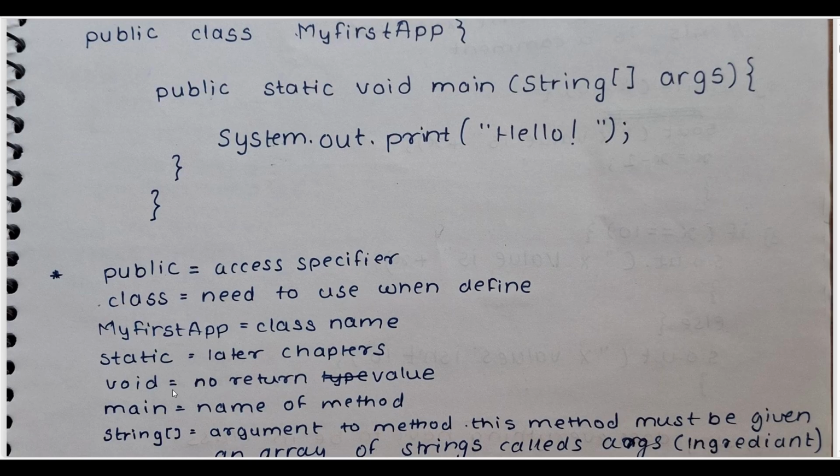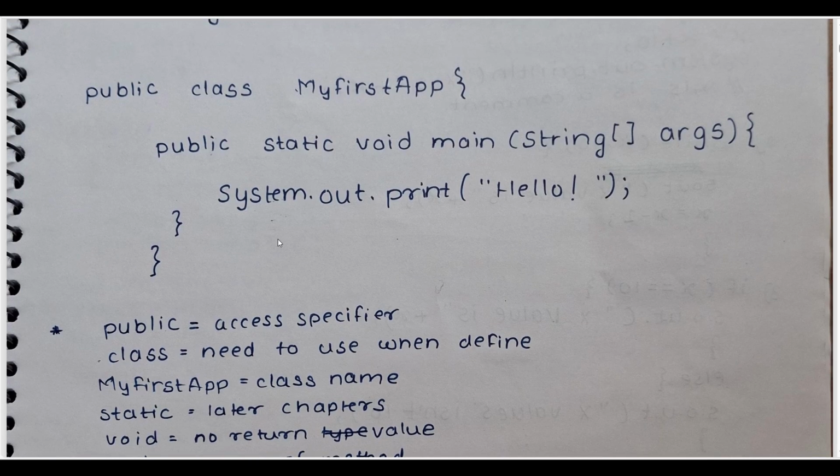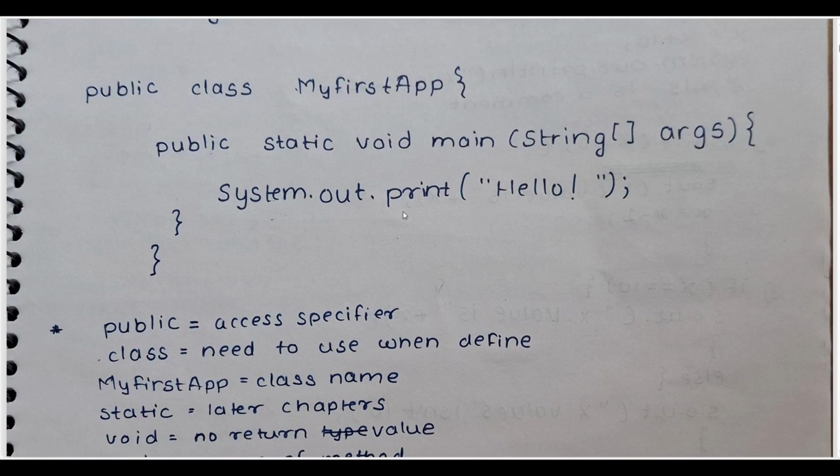So for example, your code is doing some task and it is returning some value to any other class. If it is an addition or multiplication of any numbers, it will return some value, and that value will be used by other classes in your code. But here it is just printing Hello, so we don't need any return type. So void is its return type.